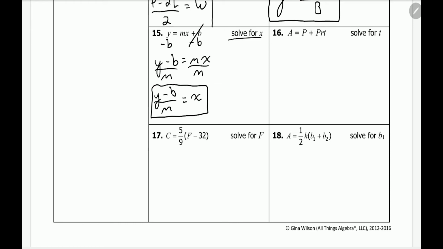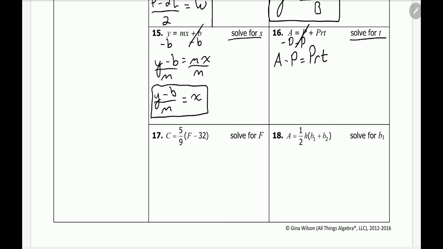Number 16. We have a is equal to p plus prt. We're asked to solve for t. So what we have to do is start solving this equation for t. We have to isolate it. So that means we have to get rid of the p and the r. So we have to subtract p first. So we have a minus p is equal to prt.